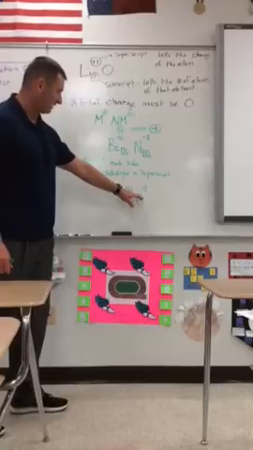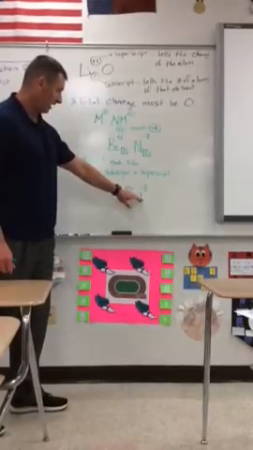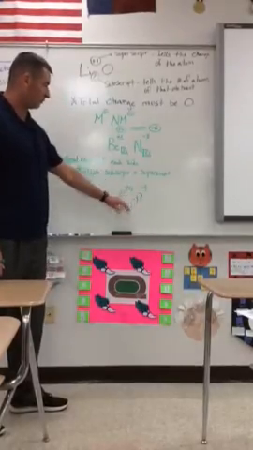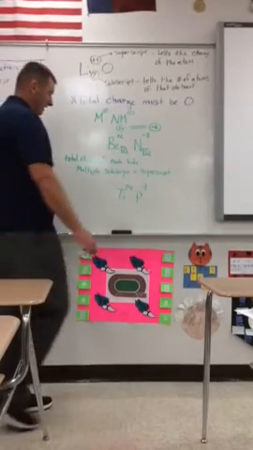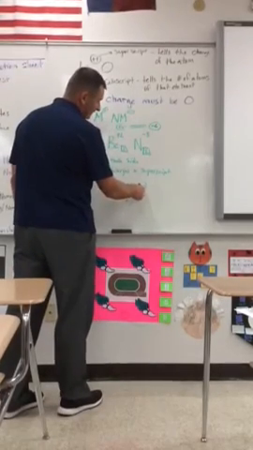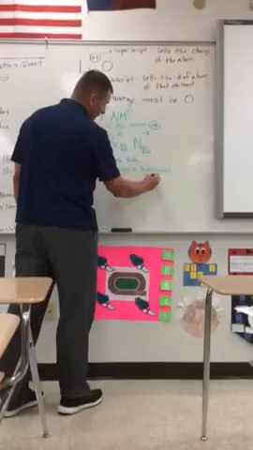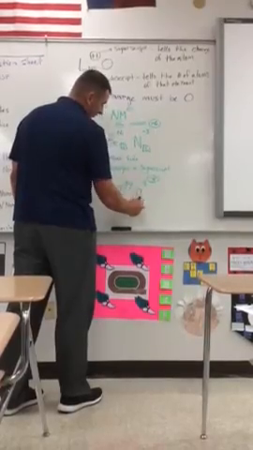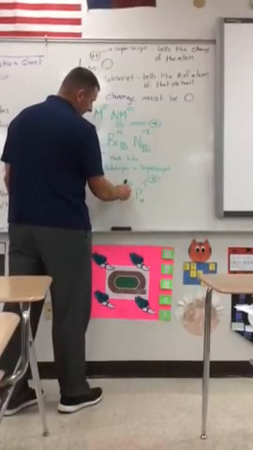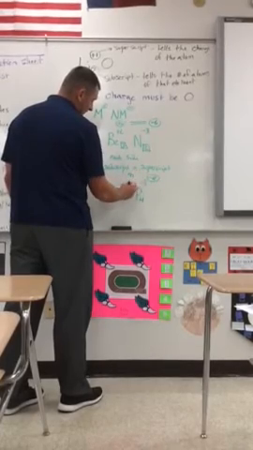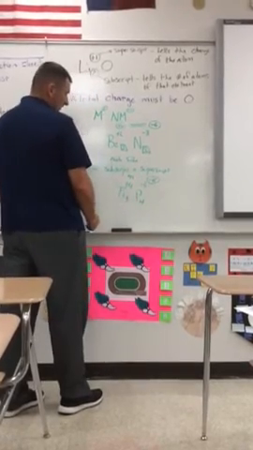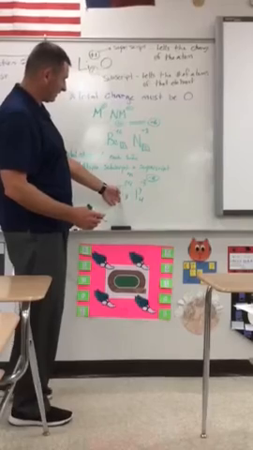No. 6? No. 7, no. 8, no. 9, no. 10, no. 11, no. Up, 12. They're both going to 12? Yes. So what times minus 3 gives me minus 12? 4. What times plus 4 gives me plus 12? 3.